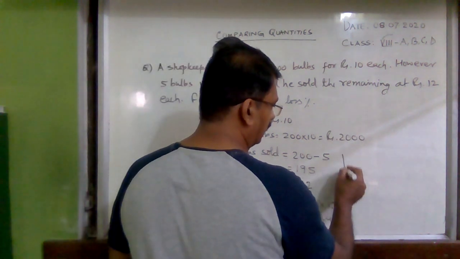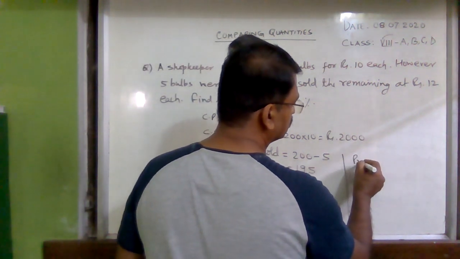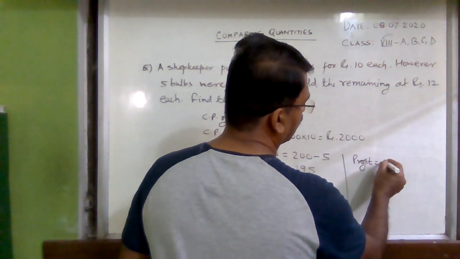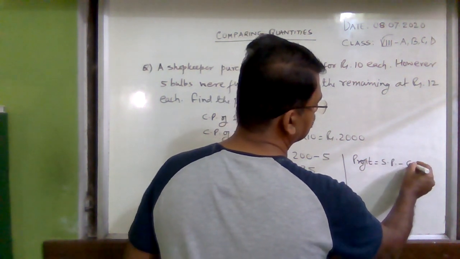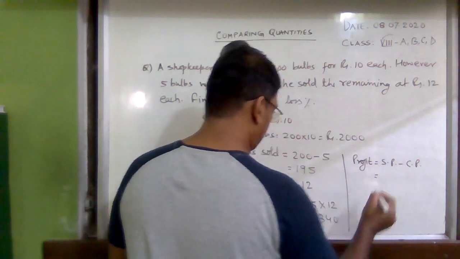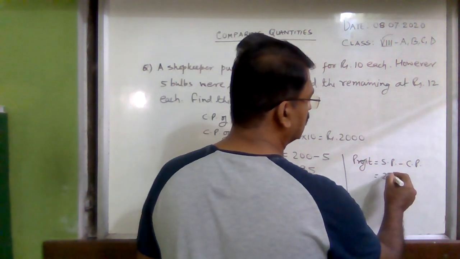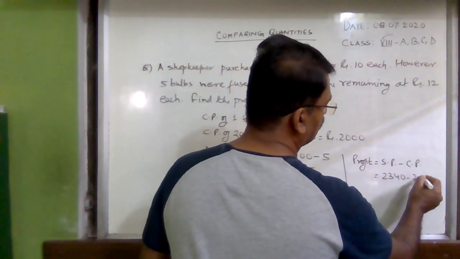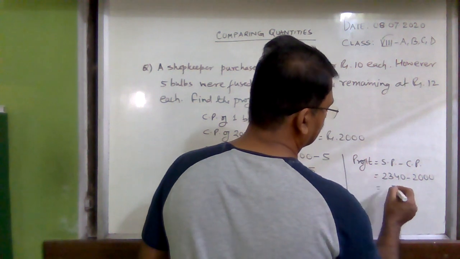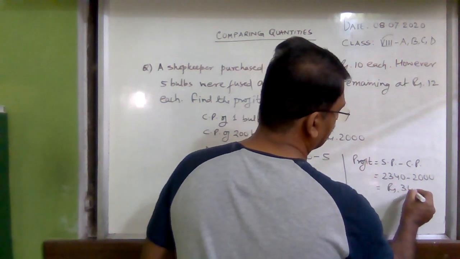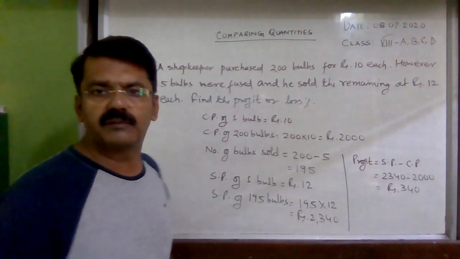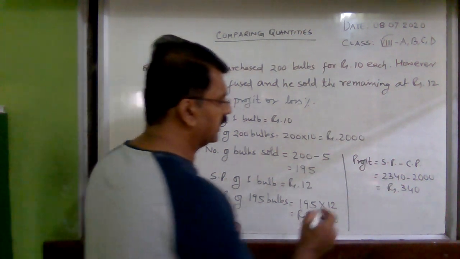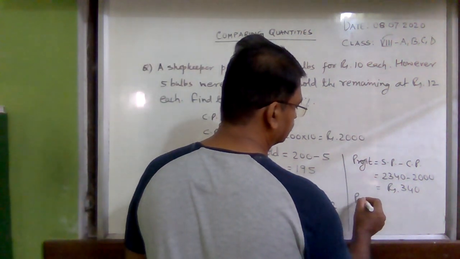So profit is equal to SP minus CP, that is 2340 minus 2000, that is rupees 340. So there is a profit of rupees 340, and now we'll calculate the profit percent.